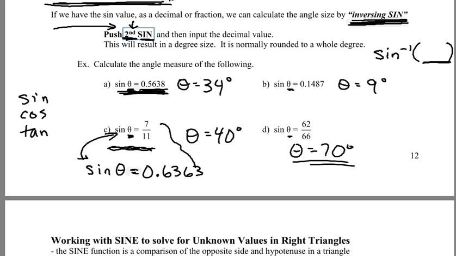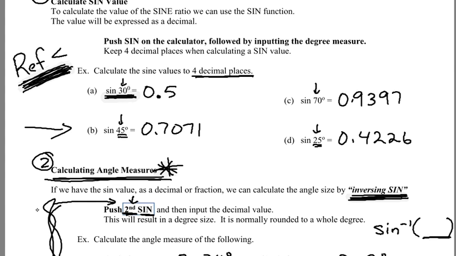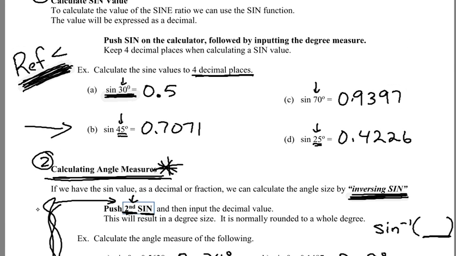Using the calculator, this calculating of angles we're actually going to use more next lesson, but it's important you understand. Today, when it tells you you have the sine of the angle, we just push sine followed by the degree measure.